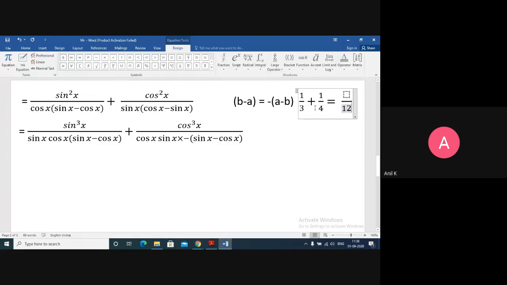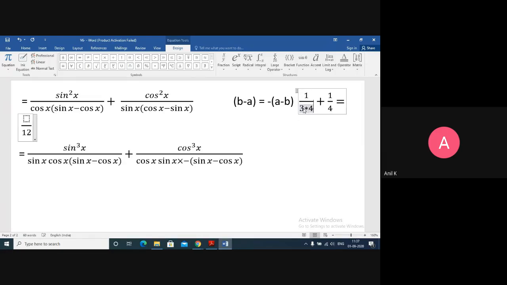To go for the LCM, as in class 6, what I have to do is make the denominators the same. So for that, 3 will multiply with 4, and 1 also will multiply with 4. Remember this process?